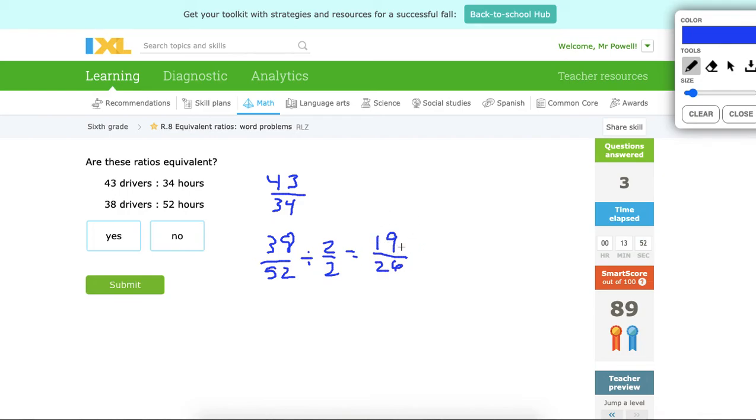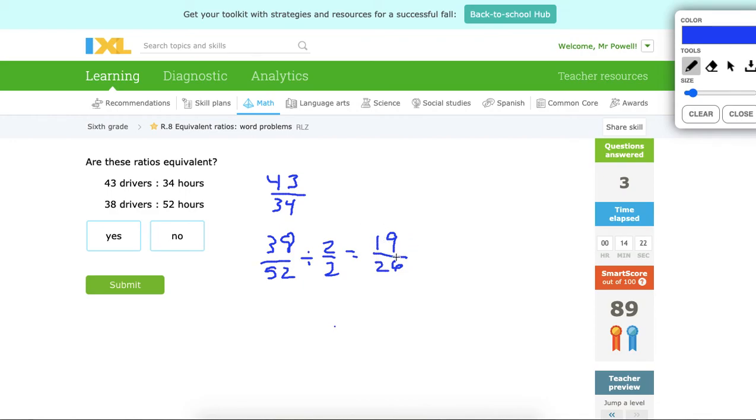19 is prime. And the only thing we need to see is if it would happen to go into one of these, and 19 won't go into 43, because if we add 19 to 38, we would be over 43. So there's no way we can get 19 to 43.